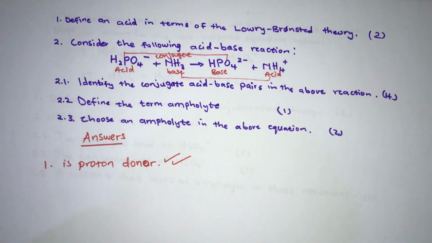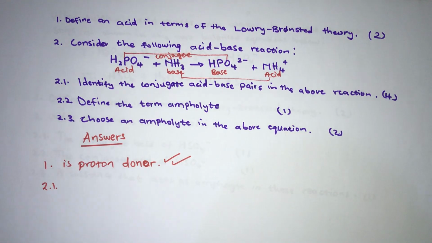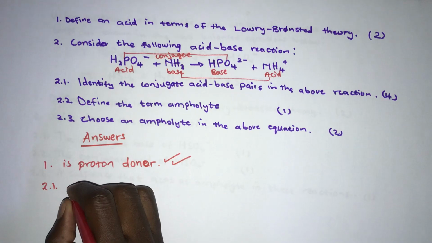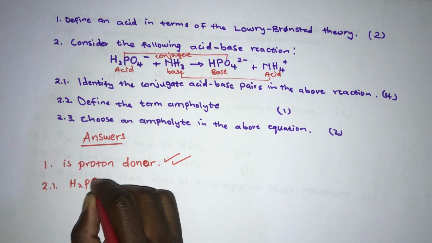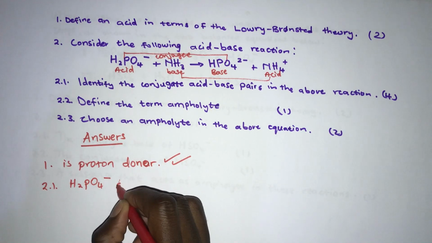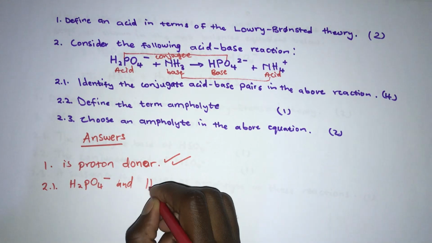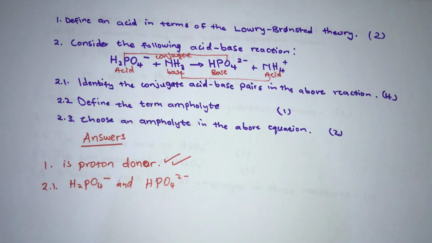So now number 2, 2.1. Since they said we must identify the conjugate pairs, and since it's 4 marks, we say H2PO4 minus, and since they move together, HPO4 2 minus. So it was this one and then it became this one.